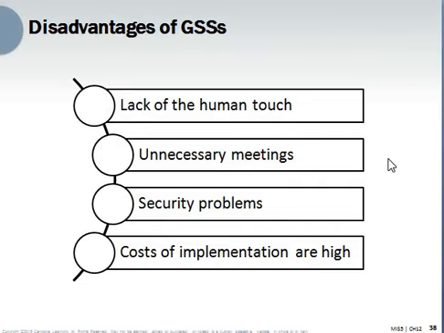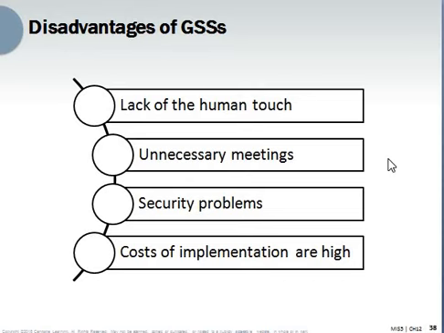Disadvantages of GSS: lack of human touch, because mostly, as the system suggests, we are participating in or organizing meetings online, not offline, not in a conference room or somewhere.